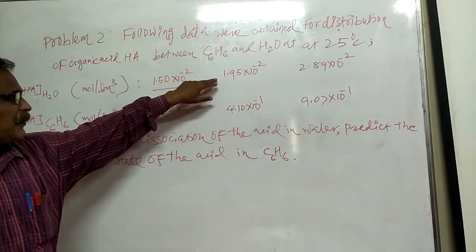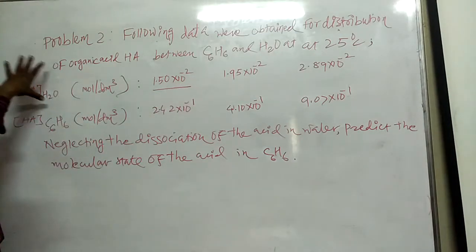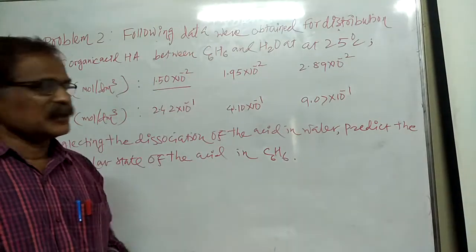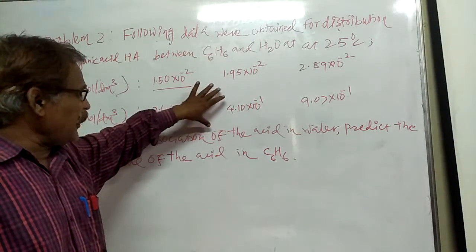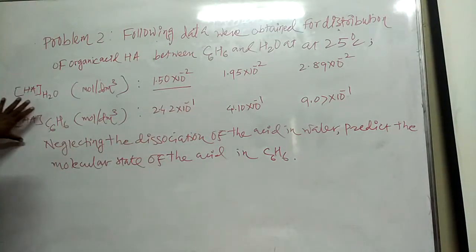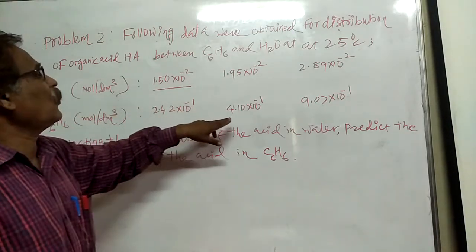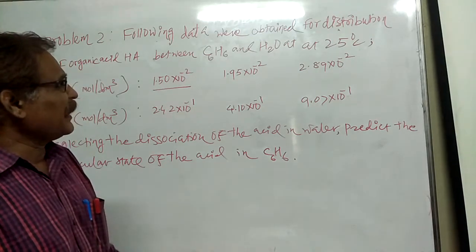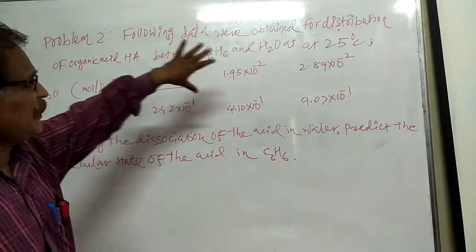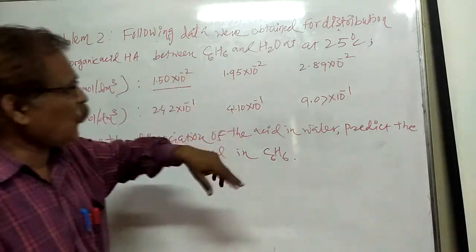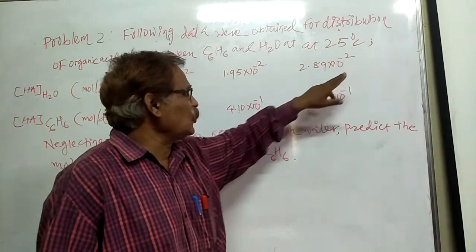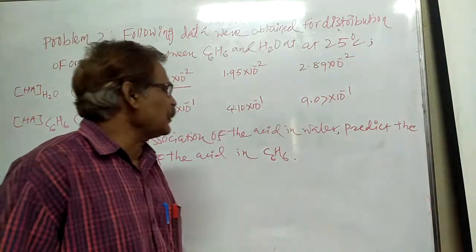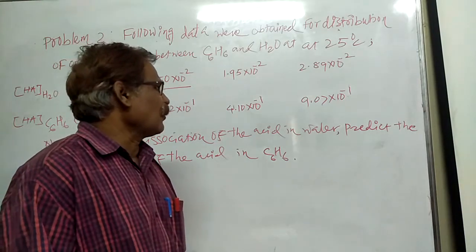In second experiment, the concentration of acid in aqueous layer is 1.95 into 10 to the power minus 2, and the corresponding concentration in organic layer is 4.10 into 10 to the power minus 1. And in third experiment, the concentration of acid in water is 2.89 into 10 to the power minus 2, and the concentration of acid in benzene is 9.07 into 10 to the power minus 1.